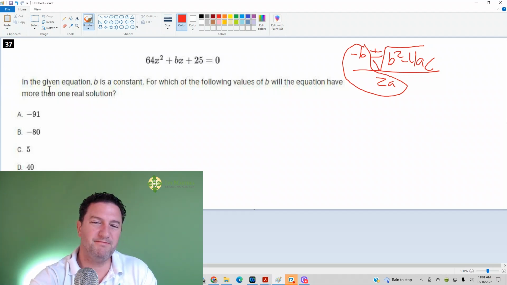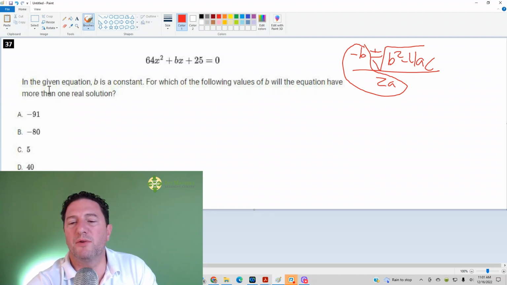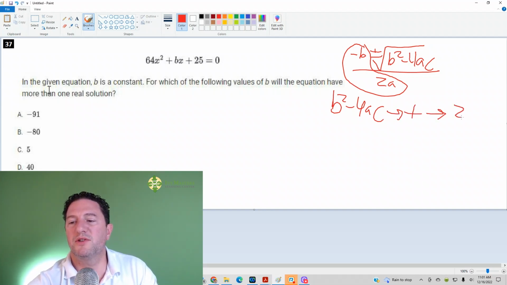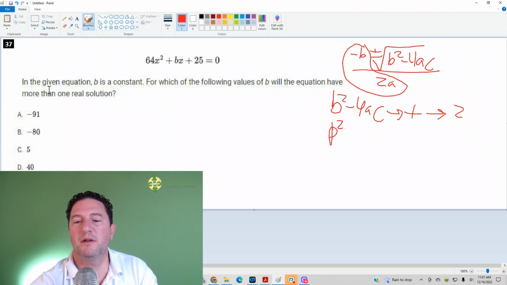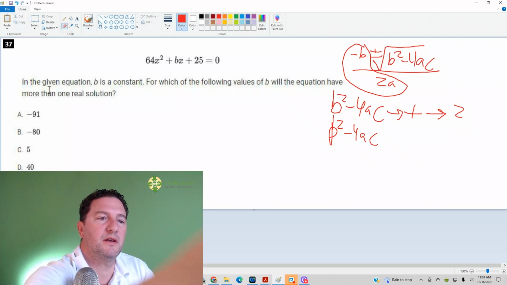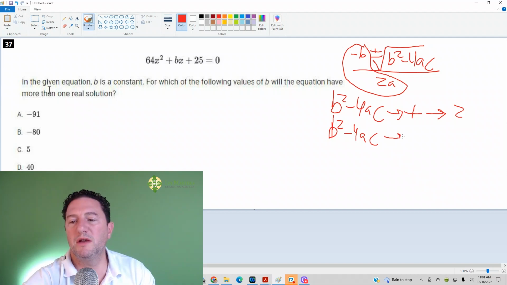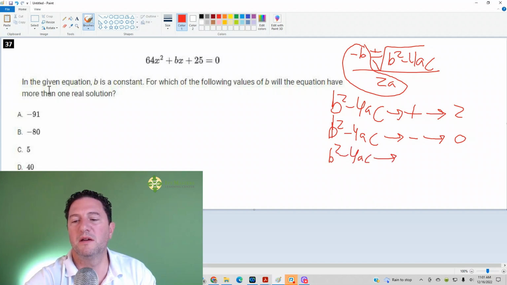So now I'm going to write that out. If b squared minus 4ac is positive, then there are two solutions. If b squared minus 4ac is negative, then there are 0 solutions. And if b squared minus 4ac is 0, then there is one solution.